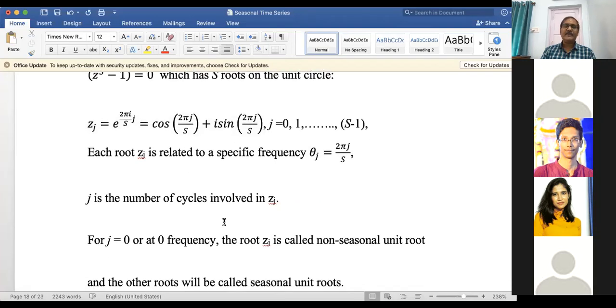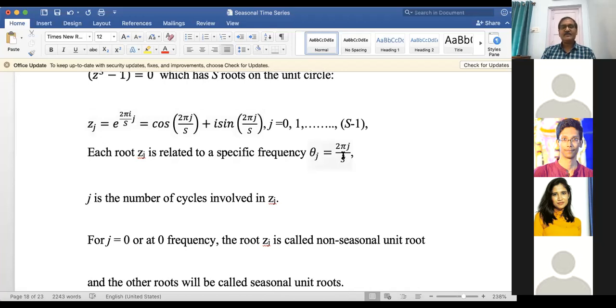Now you have to keep in mind, if you set j equal to 0, that is the root corresponding to 0 frequency, 0 cycle. That is, we are considering 0 cycles in the root. At j equal to 0, what will be the frequency? What will be the value of theta j?